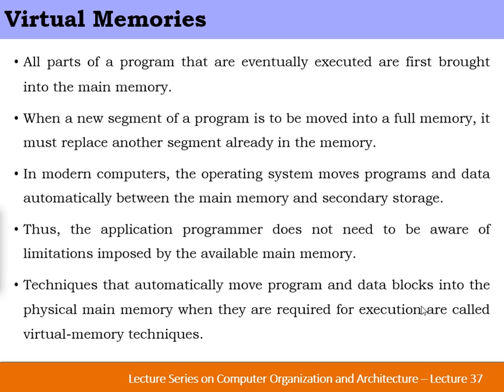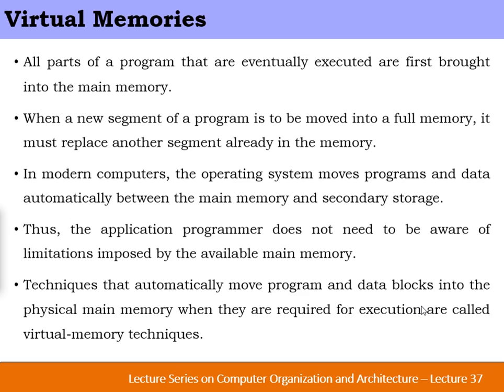This transfer of program and data from secondary storage to main memory is done by the operating system, that is the headache of the operating system, and application programmers need not be aware of all these limitations imposed by the main memory.